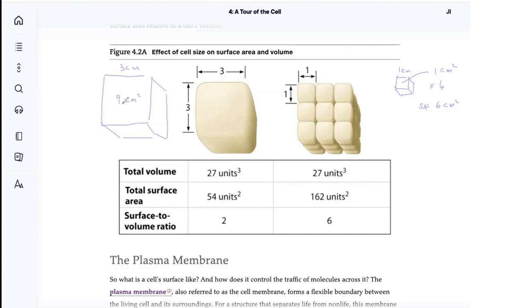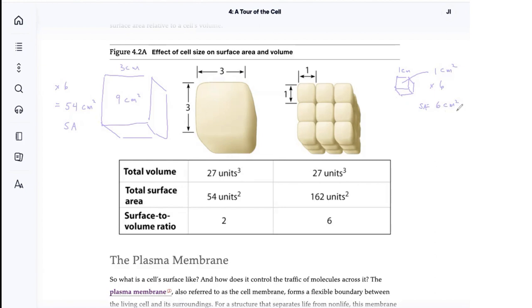Because that's what you get when you have 3 times 3 centimeters squared. And so 9 centimeters squared times 6 is equal to a total of 54 centimeters squared. And that's the surface area of the larger one. So yeah, the larger cell has a larger surface area, 54 square centimeters as opposed to 6 square centimeters.